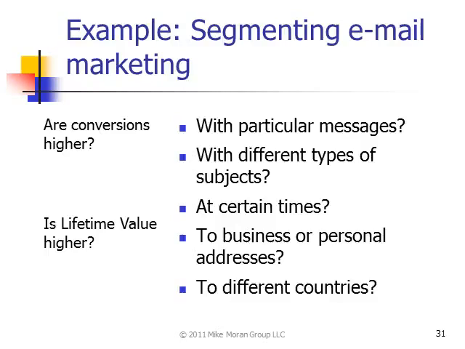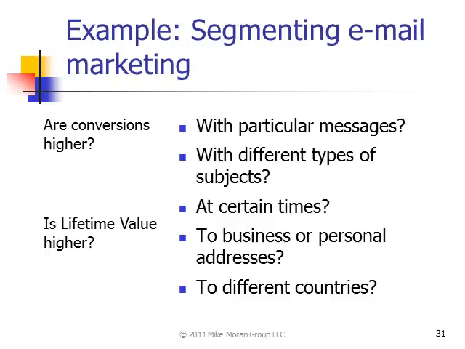So the question is, are conversions higher or is lifetime value higher with particular email messages that you have, or emails that are on different types of subjects, or if you send the email before the start of the business day, or if you send it on the weekend, does it do better than at other times?